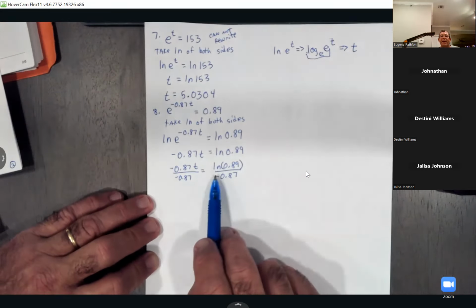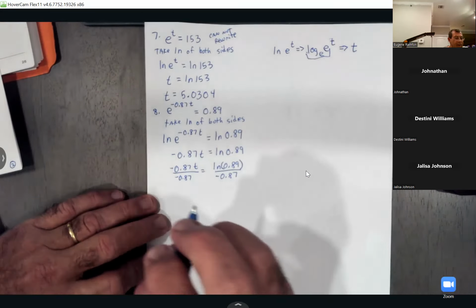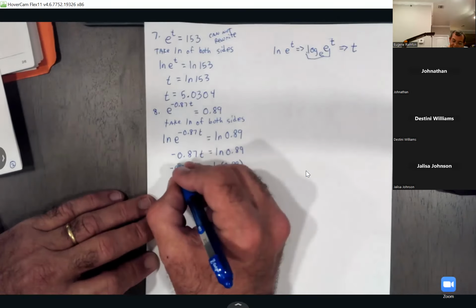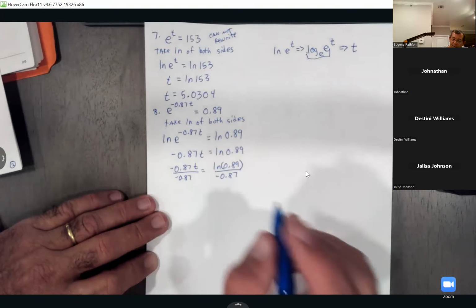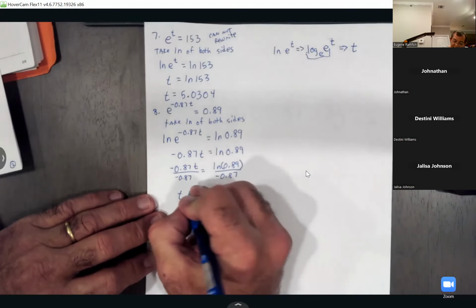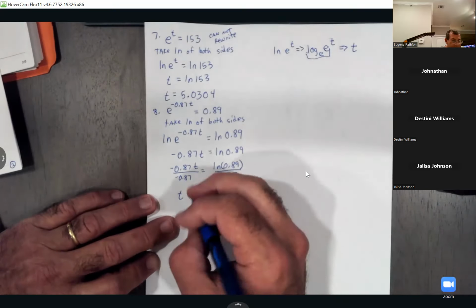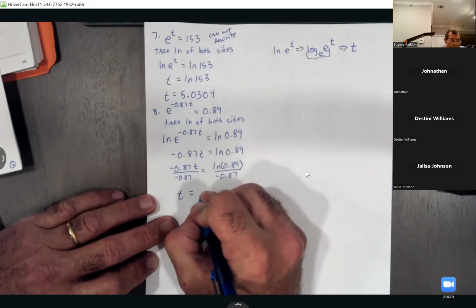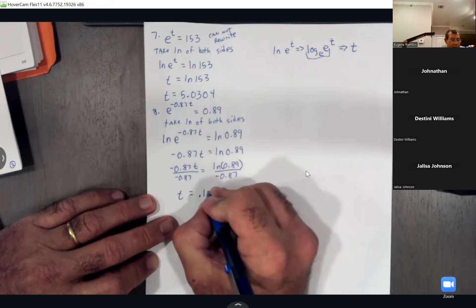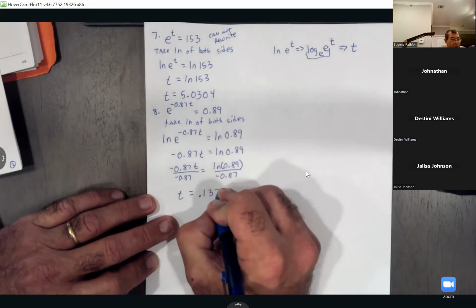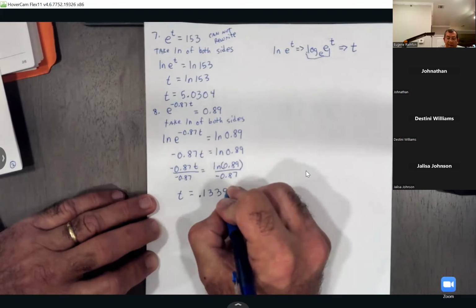Close parentheses, then divide. So y'all, that cancels over here. So all I have is my T. So y'all, when I punched that in, I ended up getting a small number. It was a 0.1339.